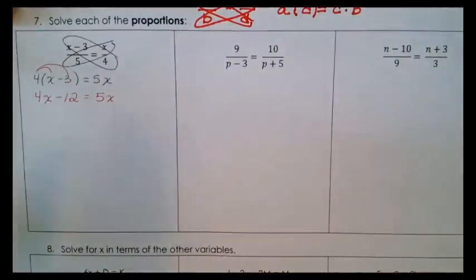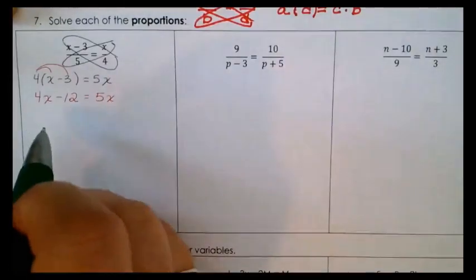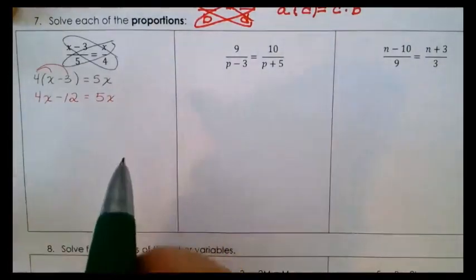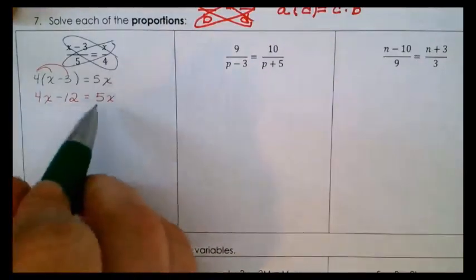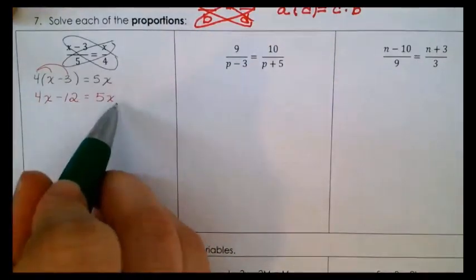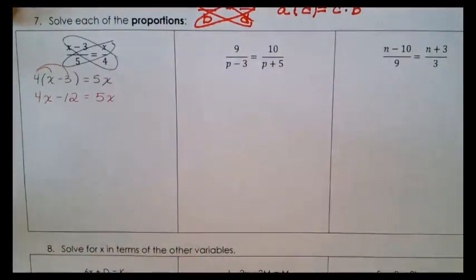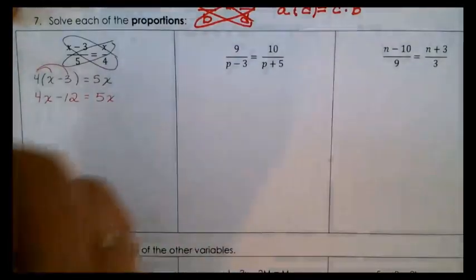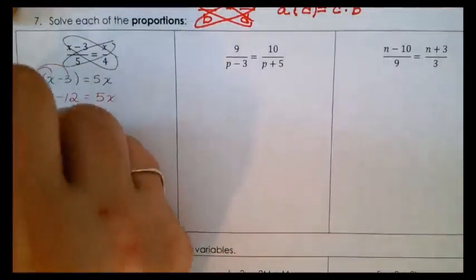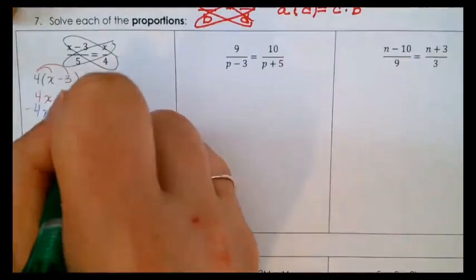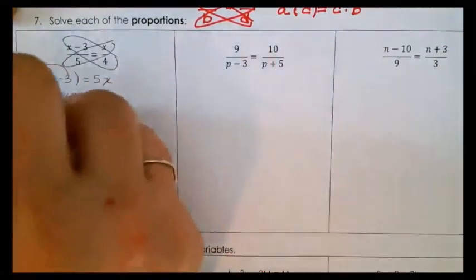Now, you want to isolate your variable. You want to get x's all to one side. I recommend always getting the x's to where there's a larger x value already. Between 4x and 5x, 5x is the larger x value. So I recommend subtracting the 4x to get it over to the right. So I'm going to subtract 4x from the left, subtract 4x from the right.